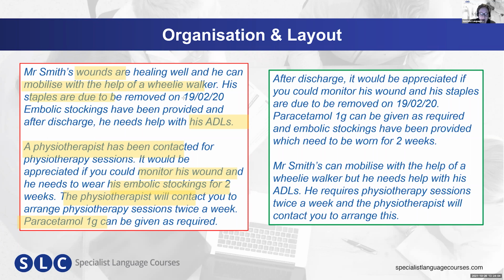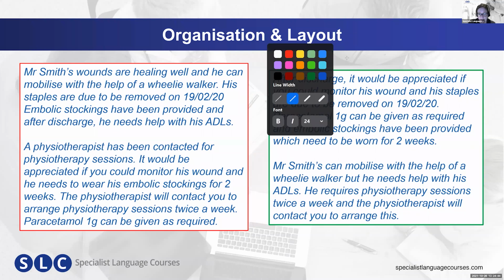It's okay in parts in that I can see the person was trying to do it chronologically, but the second extract is much better because you've got everything regarding his wound and pain management and things like that all there. And then you've got a paragraph specific to his mobility, ADLs, and physiotherapy. So it's been organized thematically and it's much clearer. The information is easy to find, whereas the other one jumps around a little bit. So really think about how you're presenting the information.